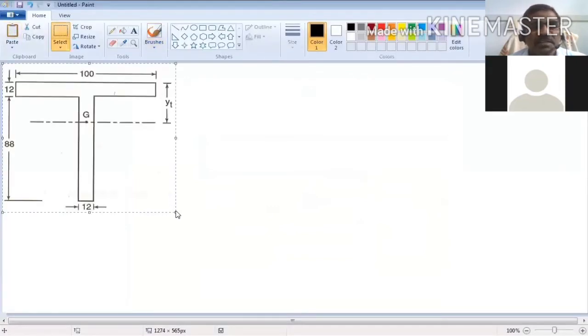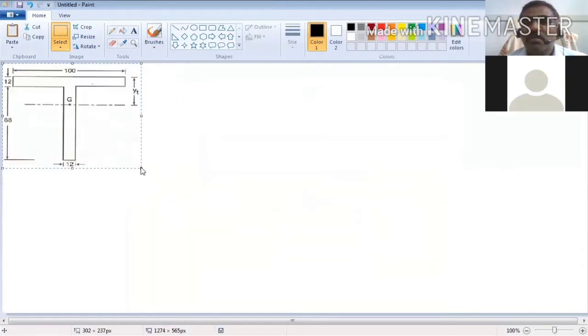So this is a cross section given to us. We need to calculate the moment of inertia. Before doing this problem, I would like to revise.